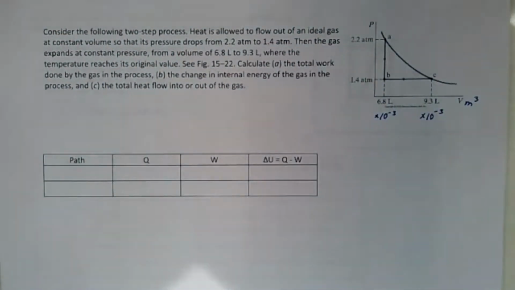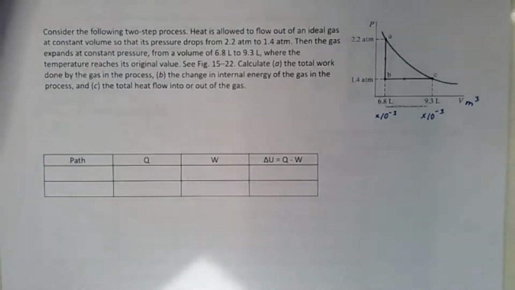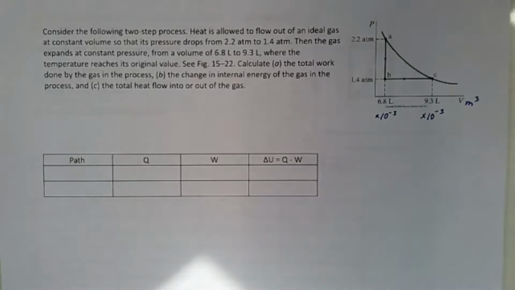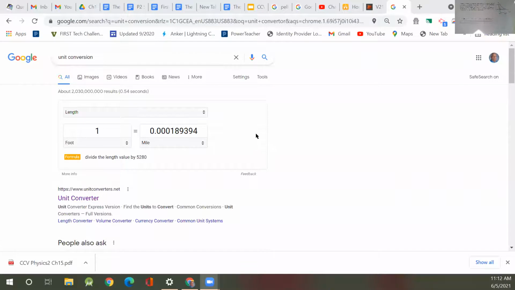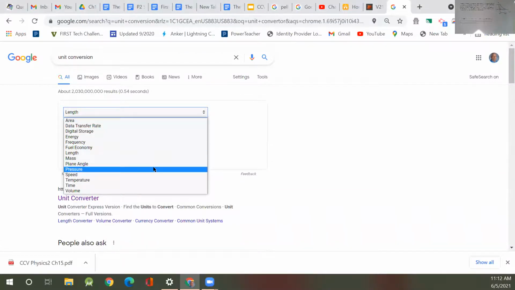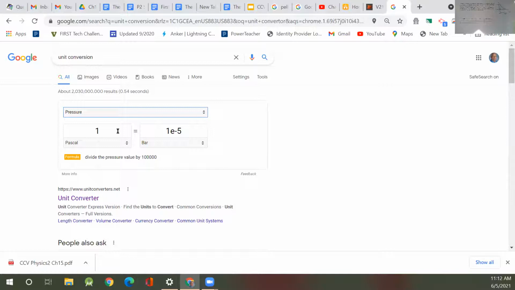And then I'm going to share my screen really quickly, and we'll convert these pressures from atmospheres into newtons per square meter. We'll go out to a unit converter, which is right here. The unit we're trying to convert is pressure, and our base unit is atmospheres.